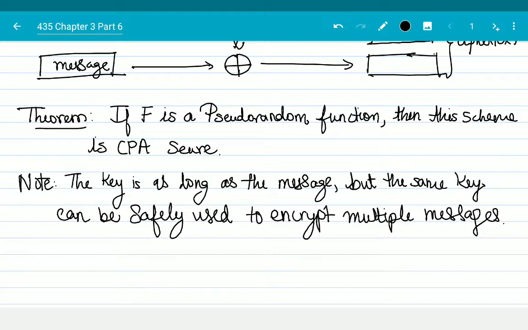Then encrypt each of these parts with your key, because now they have the same length. They can be safely encrypted, and that will work because if it was CPA secure before, under multiple encryption it is still CPA secure.